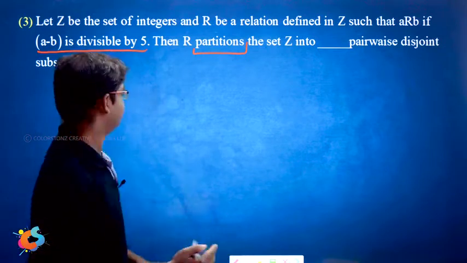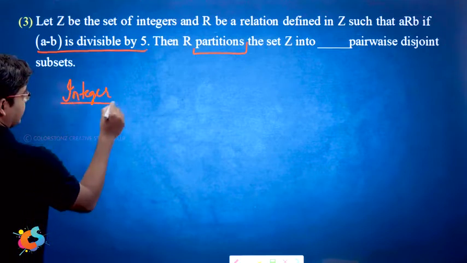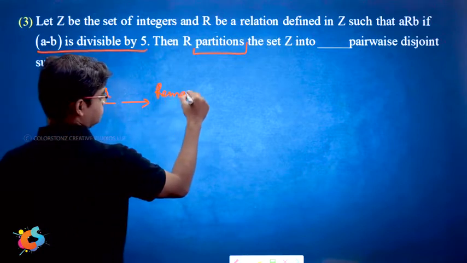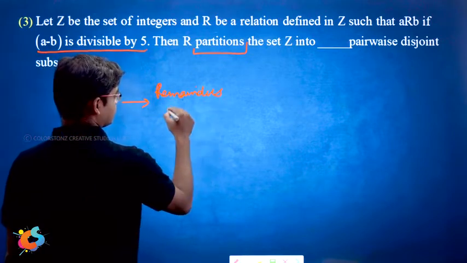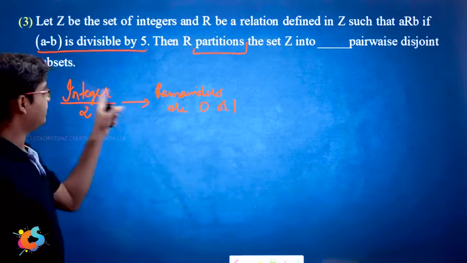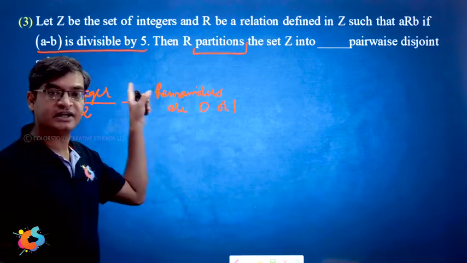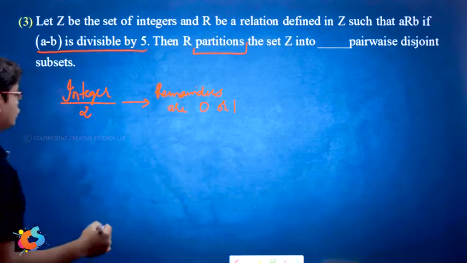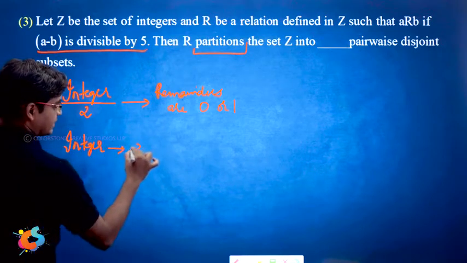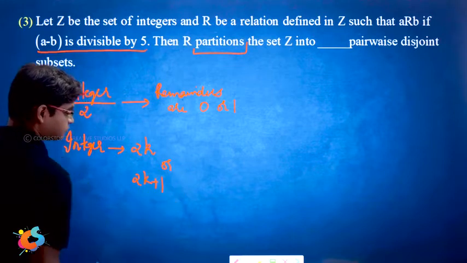Let us understand that. If you take an integer and divide it by 2, the possible remainders are 0 or 1. It will be 0 if the integer is even, and 1 if the integer is odd. So any integer can be written as 2k or 2k plus 1.